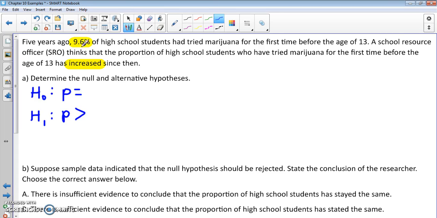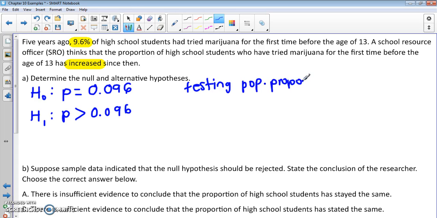And we always want to convert our percentage to a decimal, so we're looking at 0.096 as our value here. So we're testing the population proportion, and this is a right-tailed test.